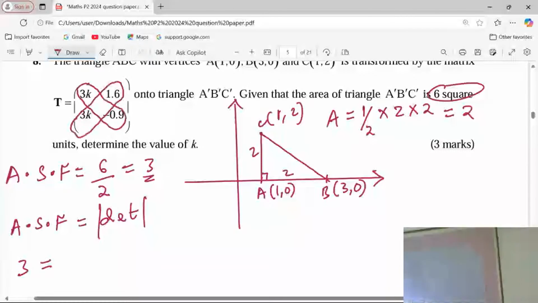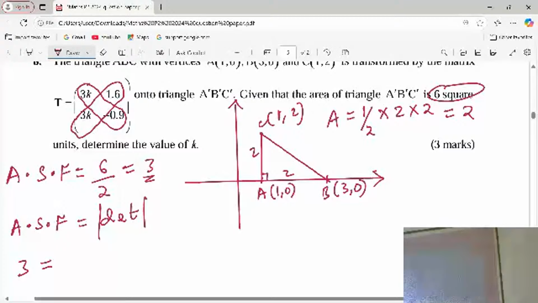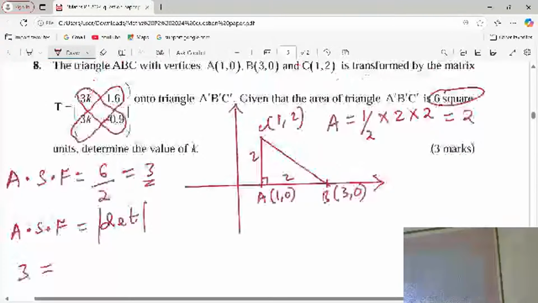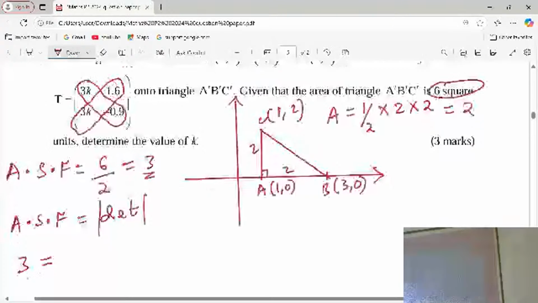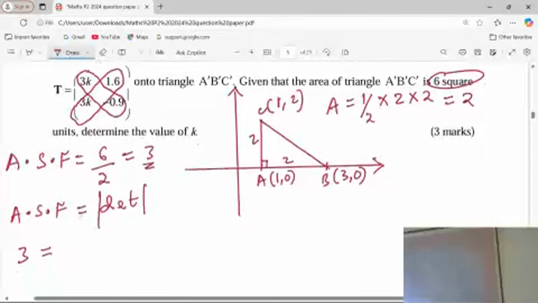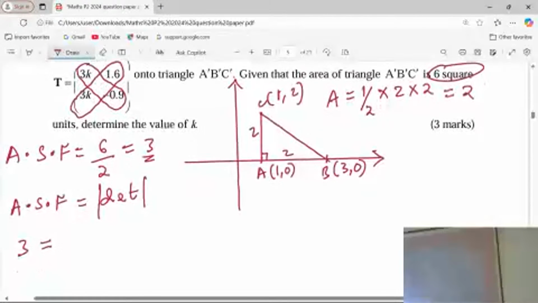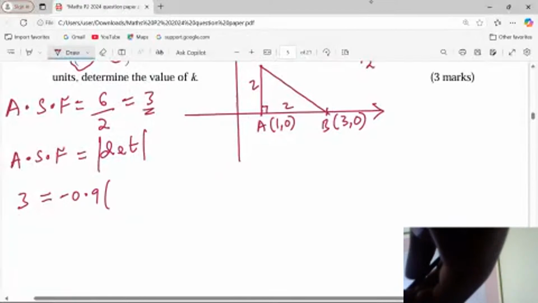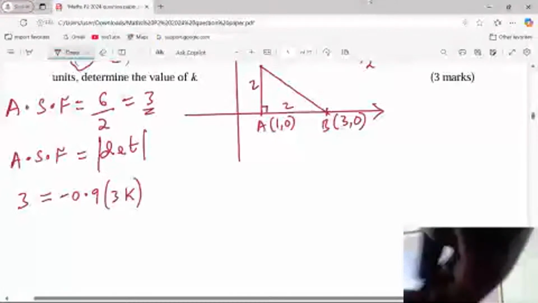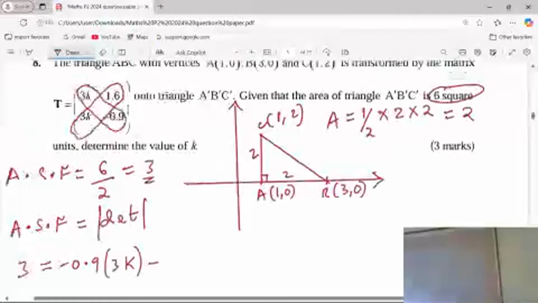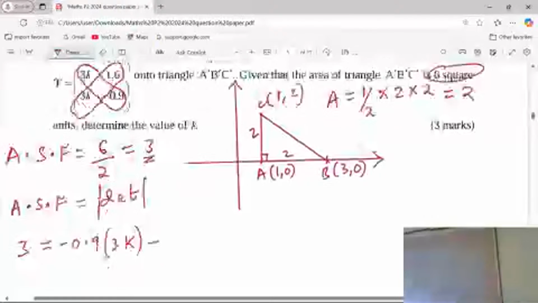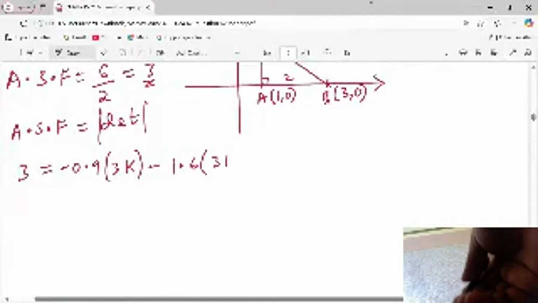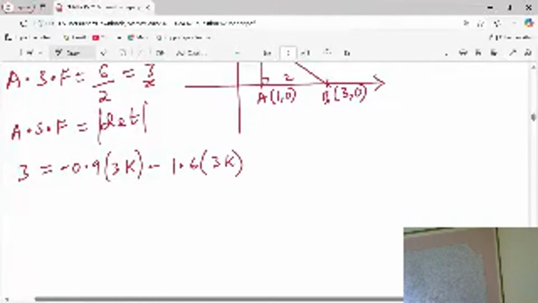This one we call the main diagonal, the principal diagonal, the leading diagonal, and the other one is called the other diagonal. So from the main diagonal, we have negative 0.9 by 3k. Then we subtract the product of the elements in the other diagonal, 1.6 multiplied by 3k.